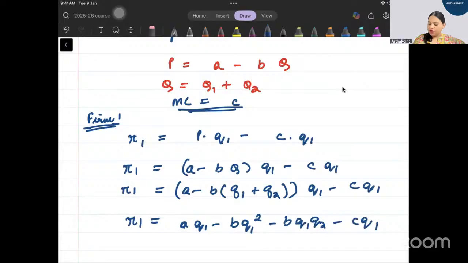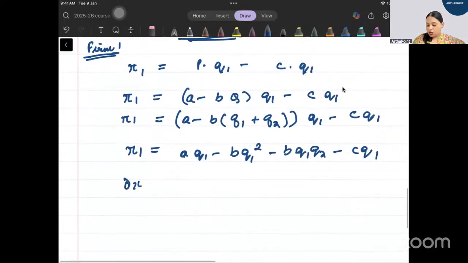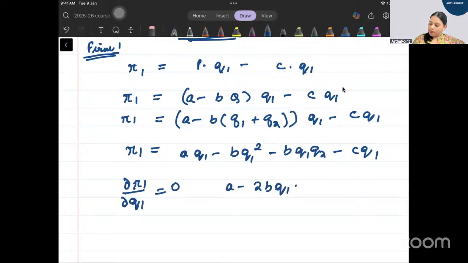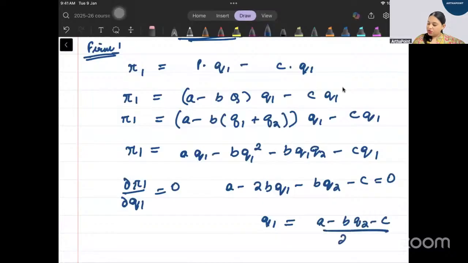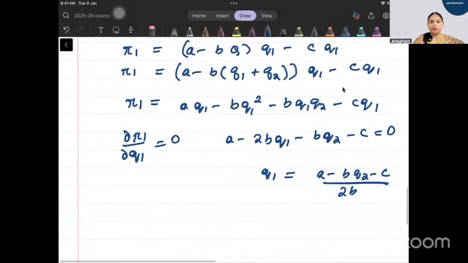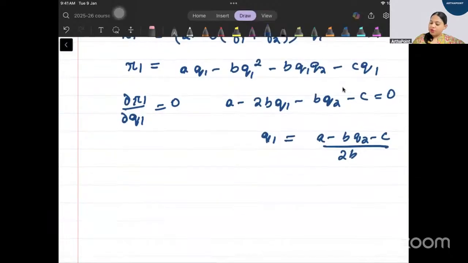This is the profit function of firm 1. You differentiate with respect to Q1 and equate it to 0. So you get A minus 2B Q1 minus B Q2 minus C equal to 0, and the reaction function is Q1 equal to A minus B Q2 minus C by 2B. This is the reaction function of firm 1 as a function of Q2.